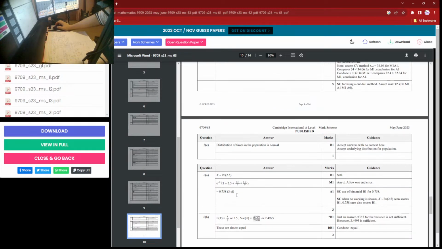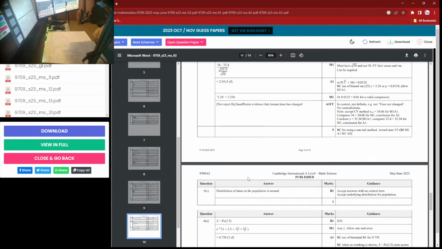6A, 0.758. Okay. 5C, distribution of times in the population is normal. Yeah, I'm really not good at describing and explaining all this stuff.